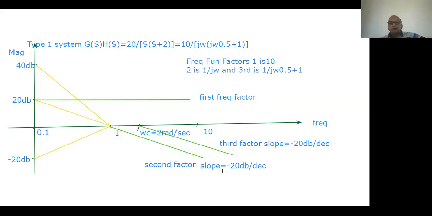In the second, slope is equal to minus 20 dB per decade. Third factor, slope equal to minus 20 dB per decade.